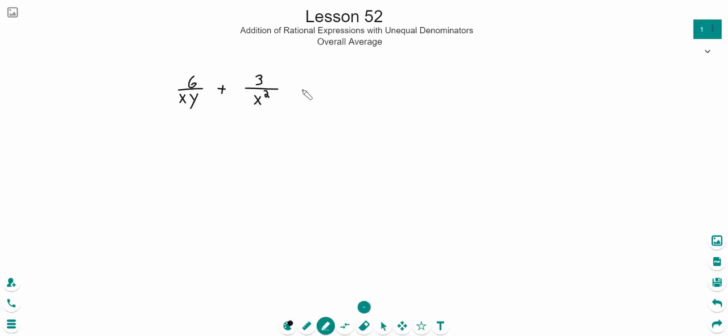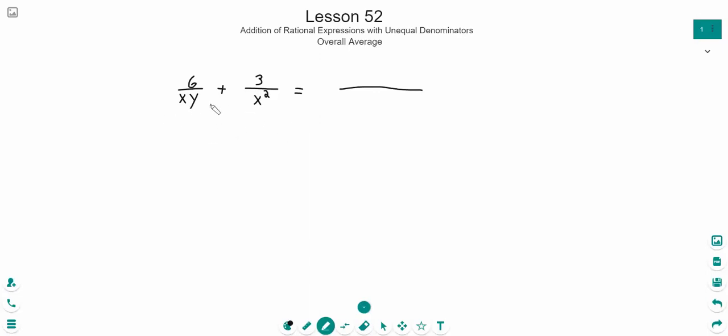And do you recall how we found the common denominators? Well, you should. You've been doing a lot of work on these lately. So let's just go through this quickly. To find the common denominator, we need to look at the factors of each of these denominators and pull out the greatest number of individual components within those factors.